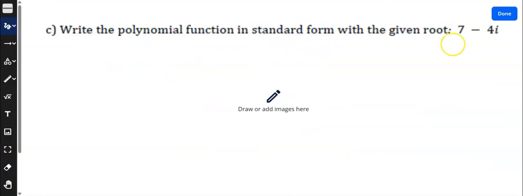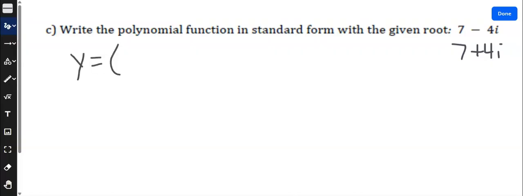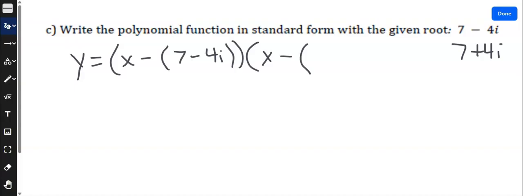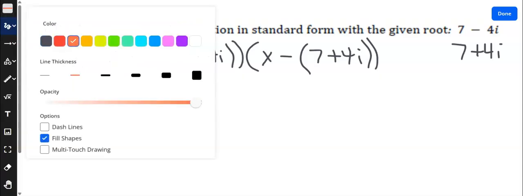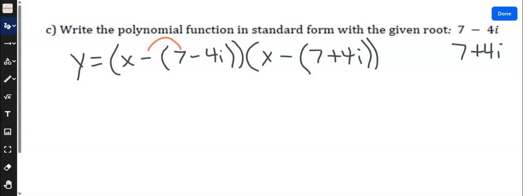Okay, 7 minus 4i, and then we would also have 7 plus 4i. Okay, so y equals x minus, parentheses, 7 minus 4i, x minus, parentheses, 7 plus 4i. Distribute the negative, x minus 7 plus 4i.